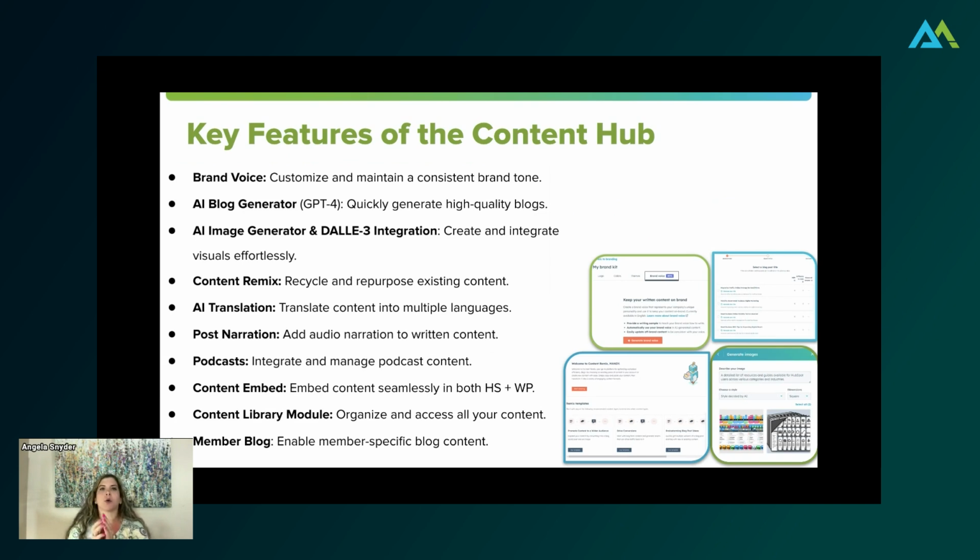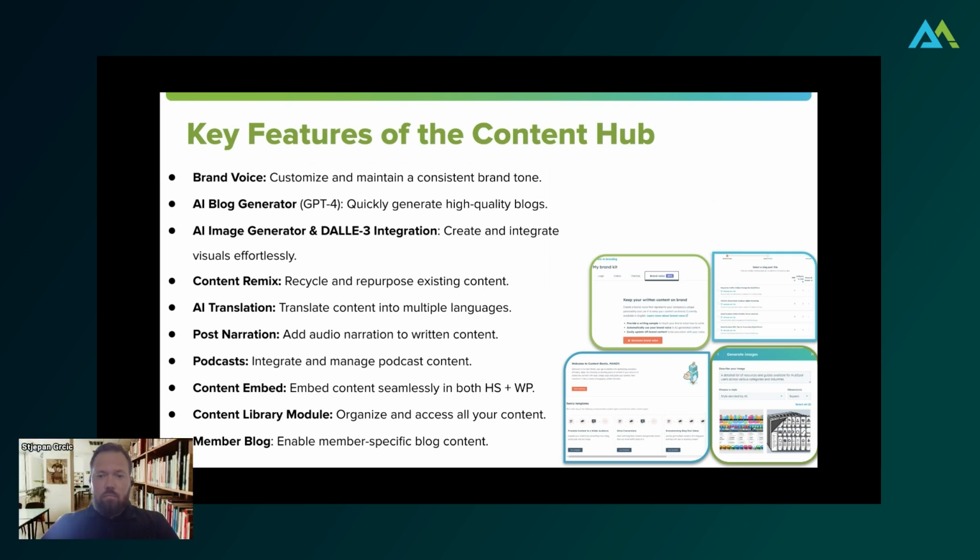So you'll see how you can set up your brand voice, upload one blog or one piece of content, and that'll help you to build an entire campaign. You don't need to reinvent the wheel each time or write social posts or ads from scratch. So just review these key features here and let us know in the chat which feature or features you are most excited about.